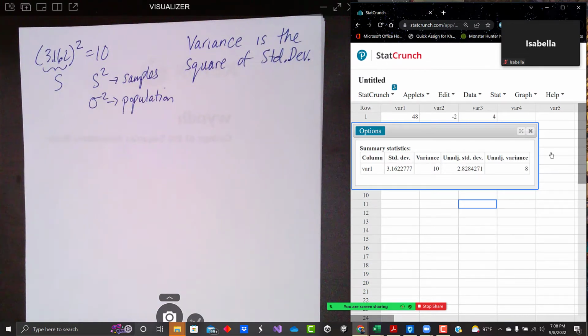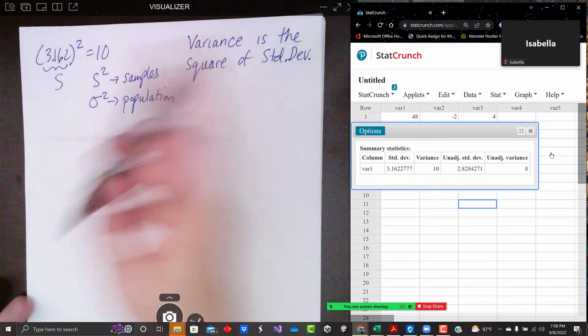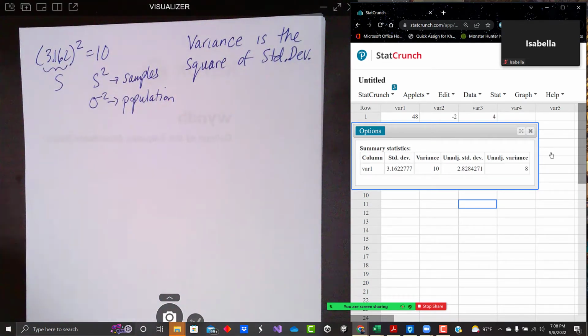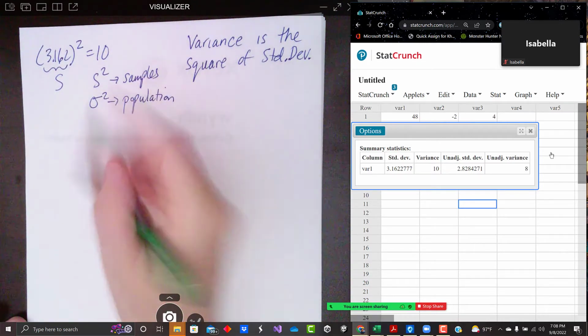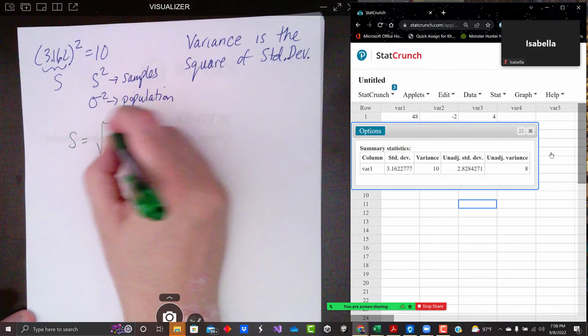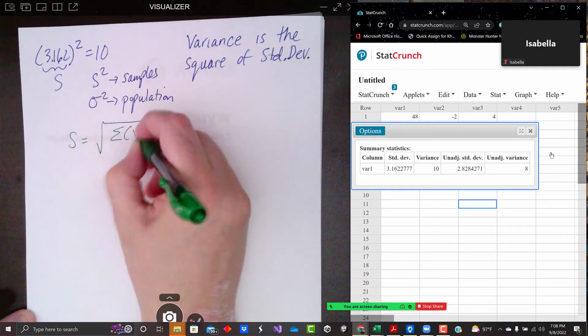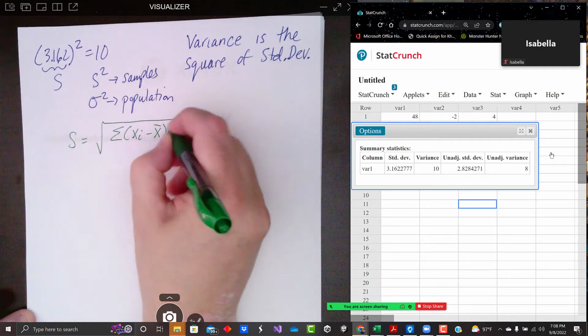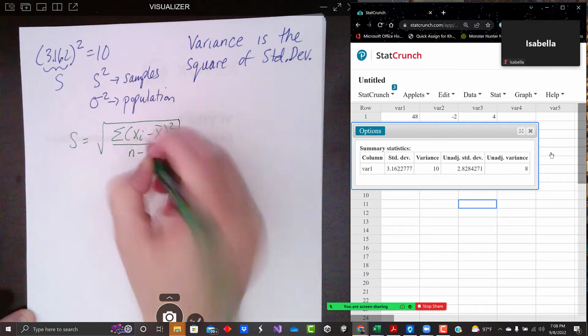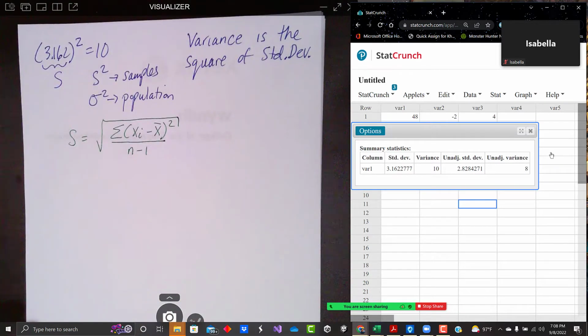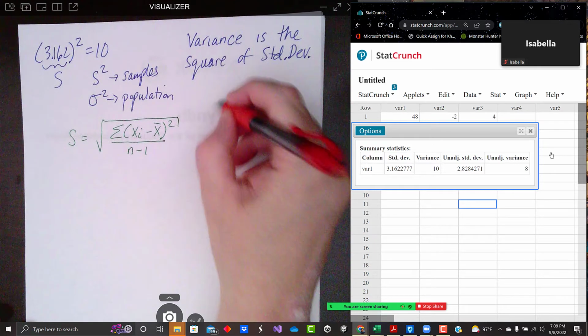To do all of these calculations, let me put up the standard deviation formula for samples again. I need 2 things, really. Everything else can be calculated. xi represents the data set.